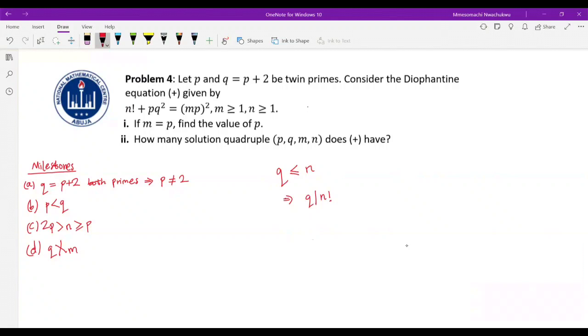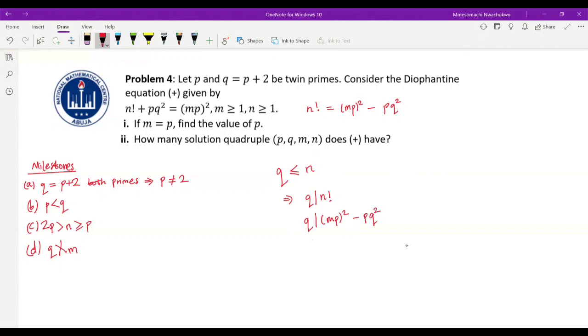And what is n factorial? n factorial is equal to mp squared minus pq squared. So it implies that q divides mp squared minus pq squared.